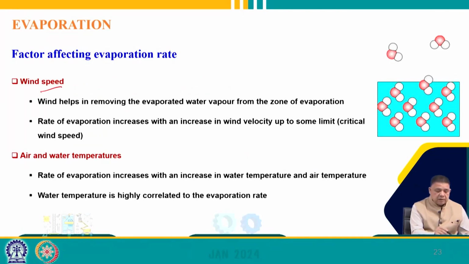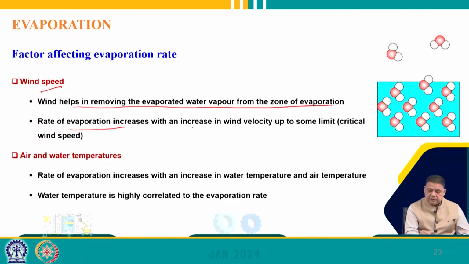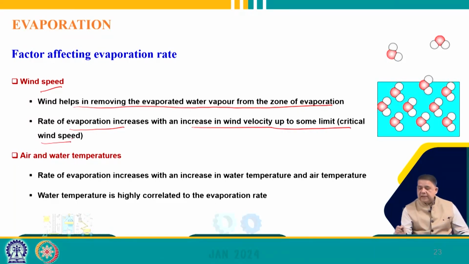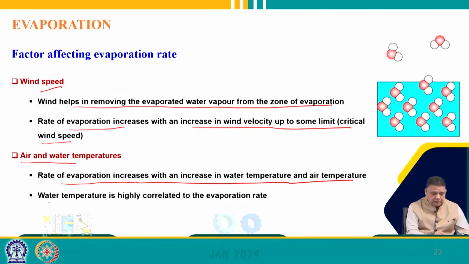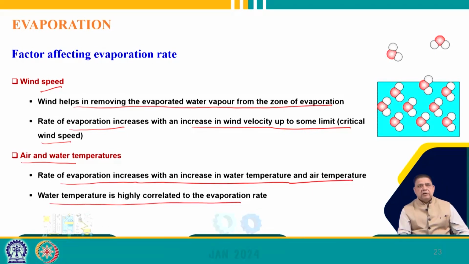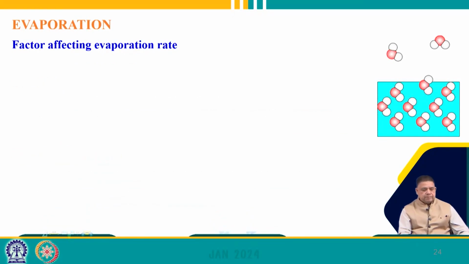Wind speed. Winds help in removing the evaporated water vapor from the zone of evaporation. So, the rate of evaporation increases with increase in wind velocity up to some limit, the critical wind speed. So, up to a certain level, if wind speed is high, the evaporation will be high. Considering air and water temperature, obviously we can expect that the rate of evaporation increases with the increase in water temperature and air temperature, and water temperature is highly correlated to evaporation rate.